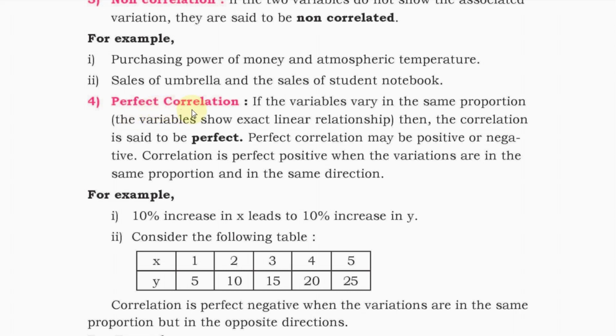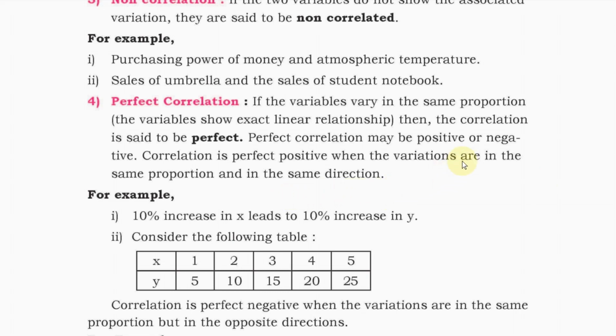The last one is perfect correlation. If the variables vary in the same proportion, then the correlation is said to be perfect. That is, the variables show an exact linear relation. Perfect correlation may be positive or negative. The correlation is perfect positive when the variations are in the same proportion and in the same direction.